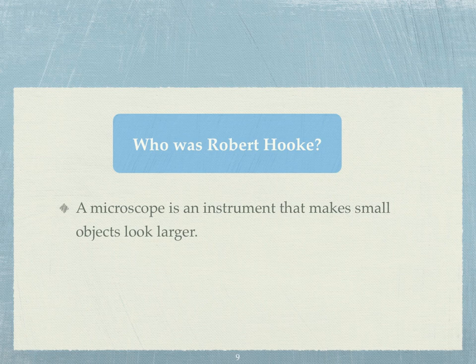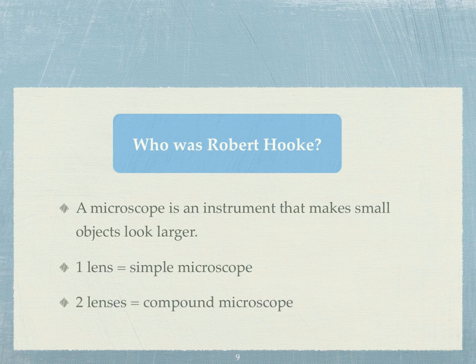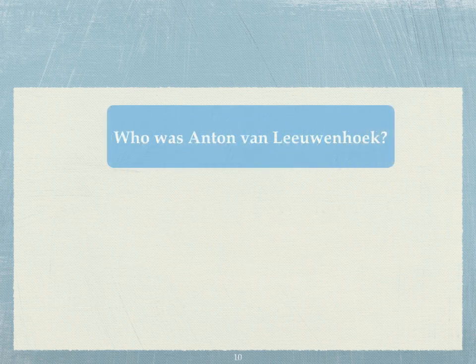When a microscope has 1 lens, we call it a simple microscope. A 2-lens microscope is known as a compound microscope. Another man who looked at cells using a microscope he built himself was Anton van Leeuwenhoek.